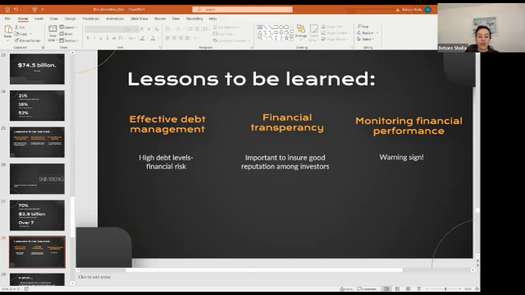So we have to follow the red flags when we see them, and also financial transparency, because the investors lost their trust in the financial reports that were provided by Sears Holdings, and also to monitor financial performance over the years, when declining revenues and consistent losses are a warning sign to change the strategy of the company.